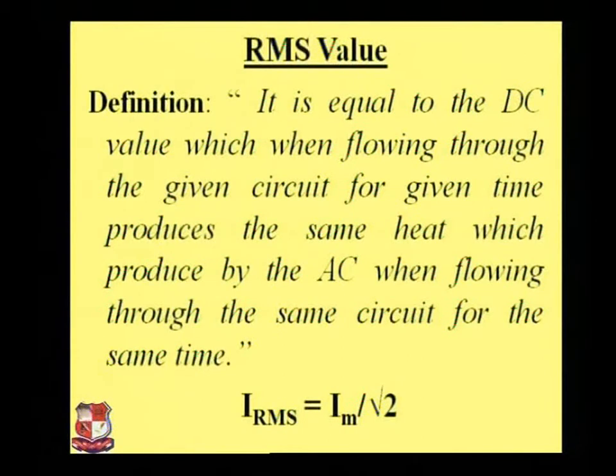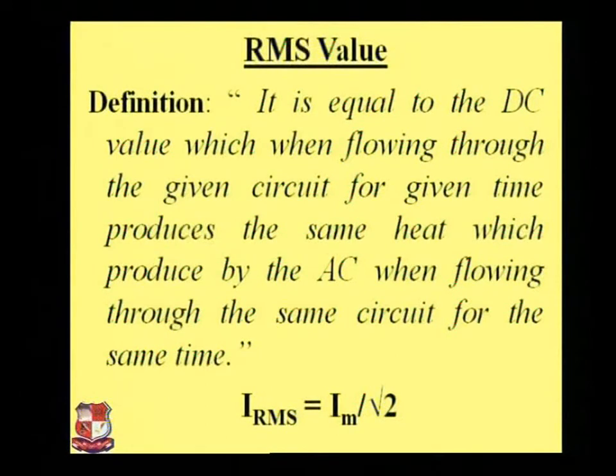Now the definition of the RMS value. RMS value is equal to the DC value which, when flowing through a given circuit for a given time, produces the same heat as that produced by the AC when flowing through the same circuit for the same time.